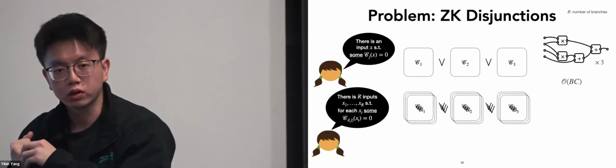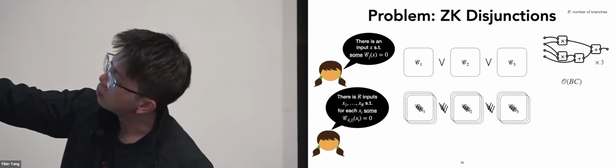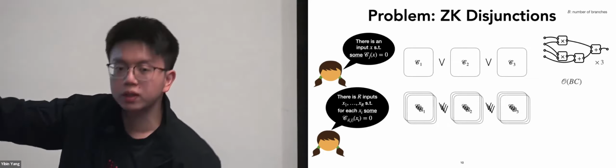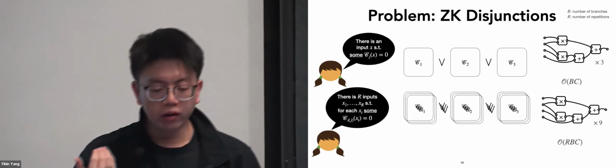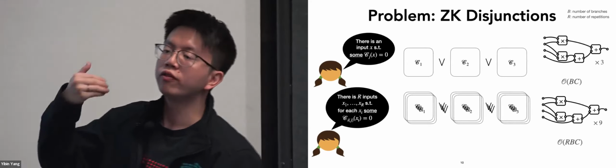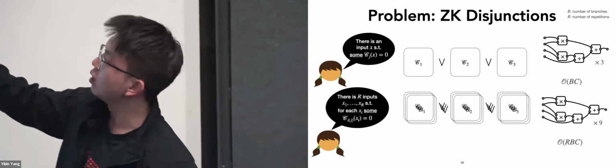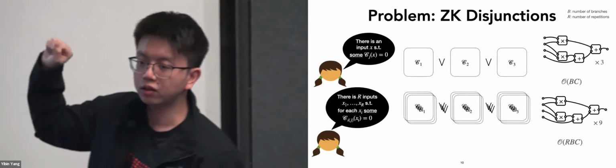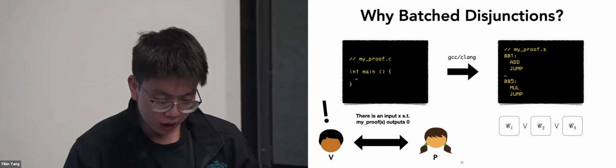In the batch disjunction setting, the prover is going to show the same statement but multiple times. Again, you can compile it down to a circuit, but this will result in another factor R blow-up. For example, here I just copy and paste this 3 times. So in total, you're going to pay 9x compared to a single circuit. Cool.